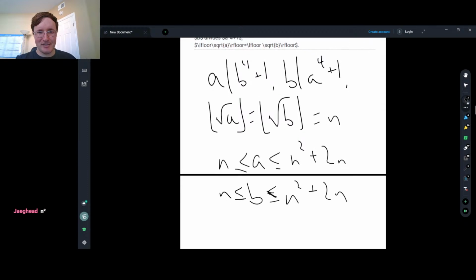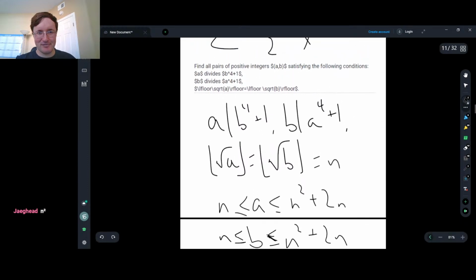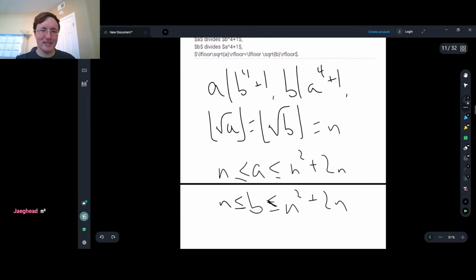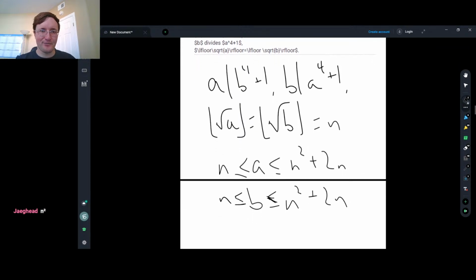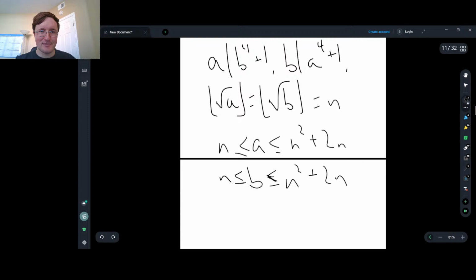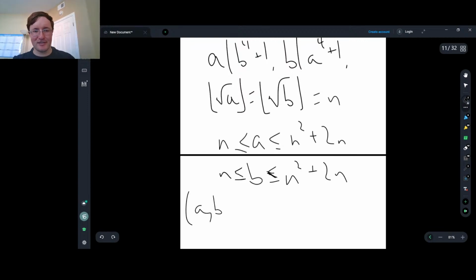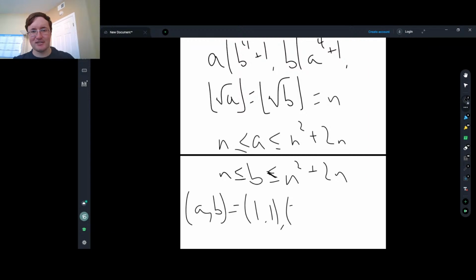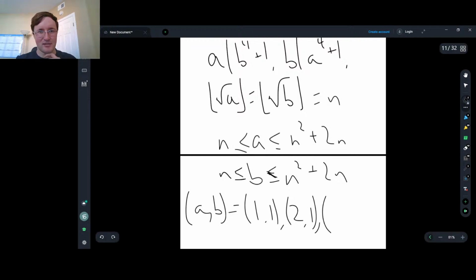Yeah, so a and b are close together, which tells me that a and b can both be 1. If b is 2... Okay, well, I'm just going to list some solutions and see if I can find a pattern. So I've got 1, 1. a can be 2 and b can be 1. Or really, oh yeah, 1 and 3, or 3 and 1, because floor of root 3 is still 1.